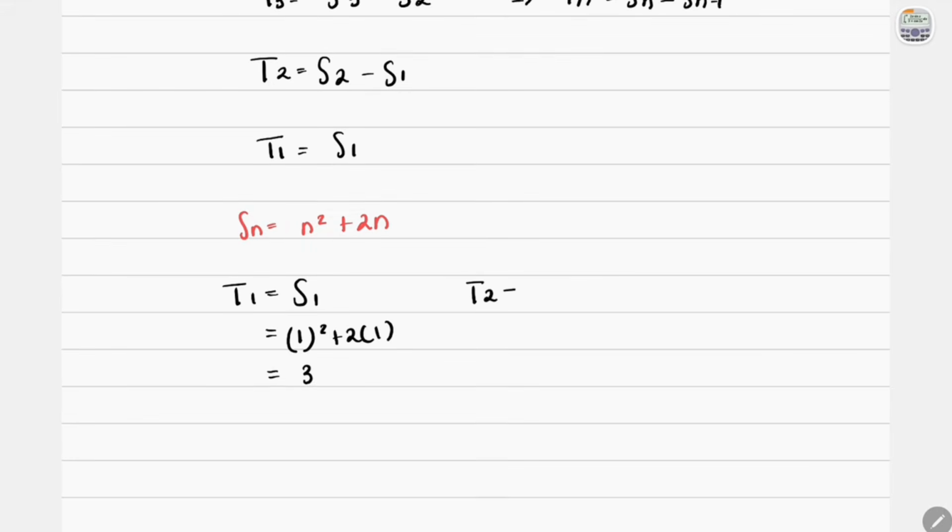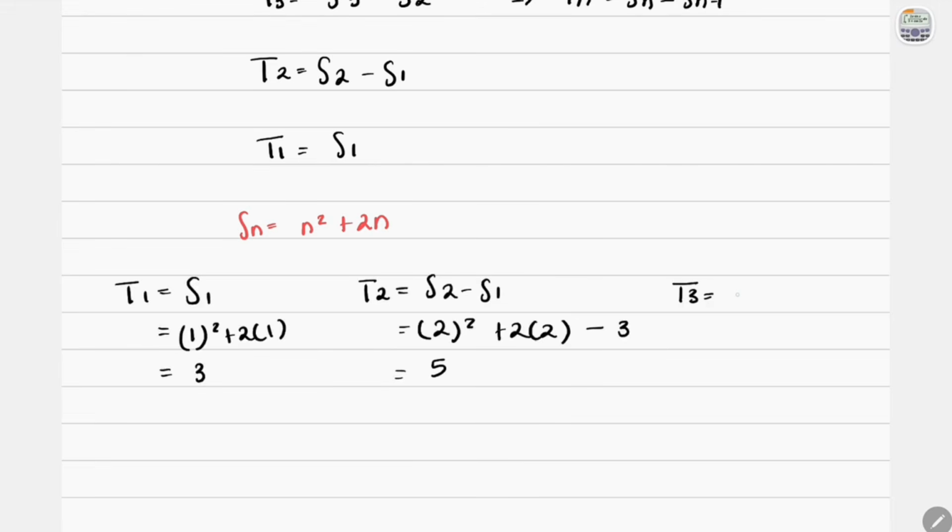And then the second term would be the sum of two terms minus the sum of one term. So that would be 2 all squared plus 2 times 2, minus the sum of one term, which is just 3. Okay, so minus 3. That's 4 plus 4, that's 8 minus 3, which is 5.